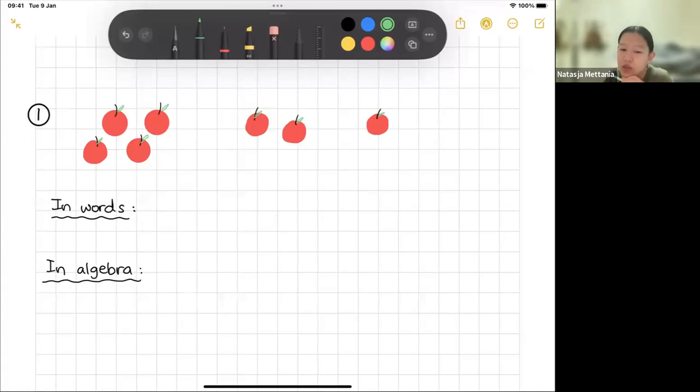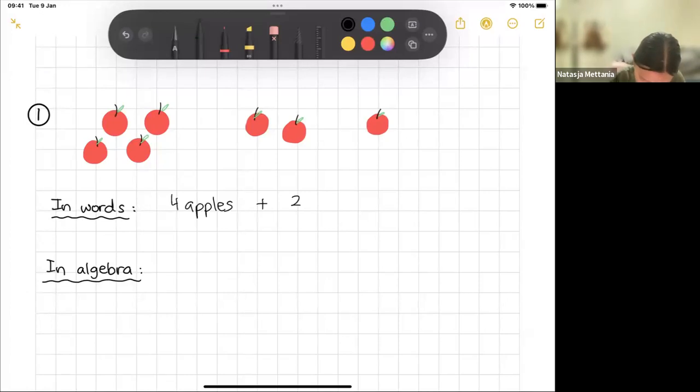Now I need to figure out, how many apples do I have altogether? Rather than counting all these apples, let's think about it in words first, because we need to think about it in algebra right after. In my first trip, I bought 4 apples, so I'll write down 4 apples. If I figure out how many apples I needed to buy, that's how many people there are. In the first trip, I bought 4 apples.